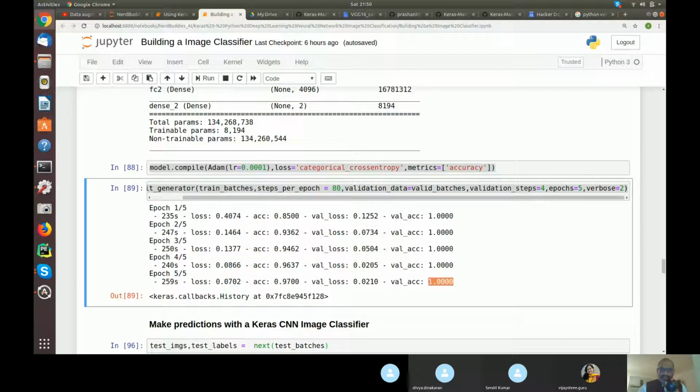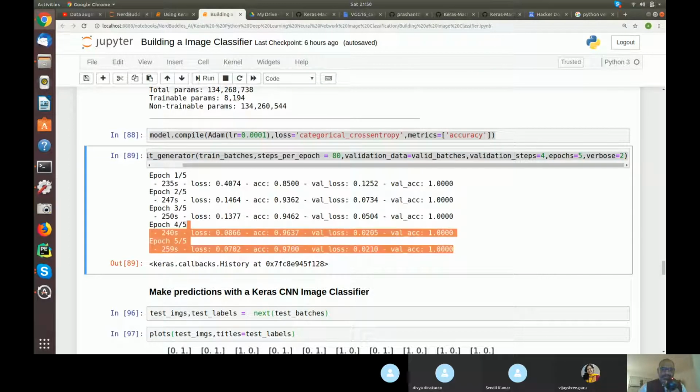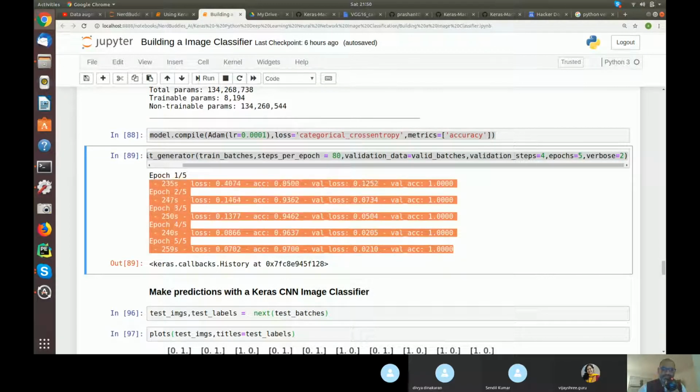And this is the accuracy on the validation data. So essentially what we see is that previously we were having accuracy of 50%, and now we have accuracy close to 100%. So that is essentially the power of transfer learning.